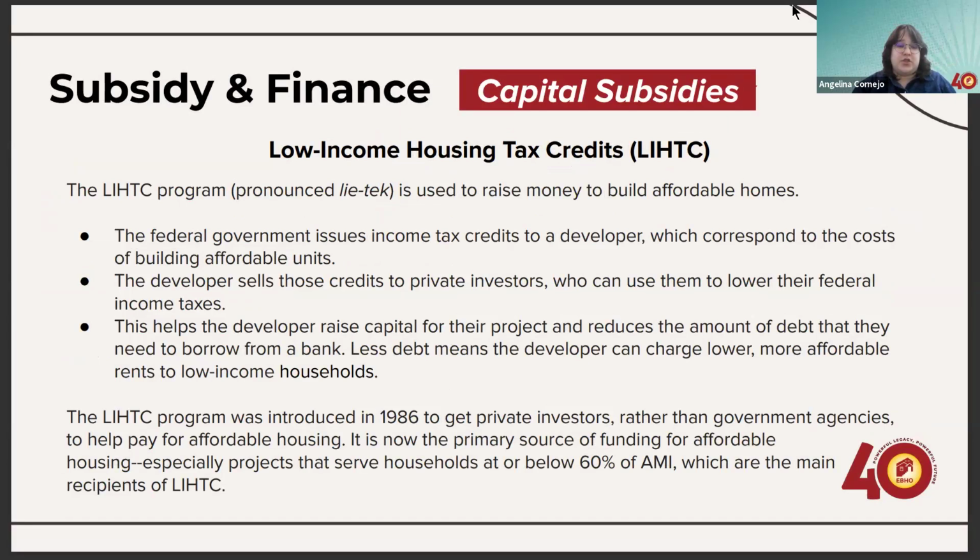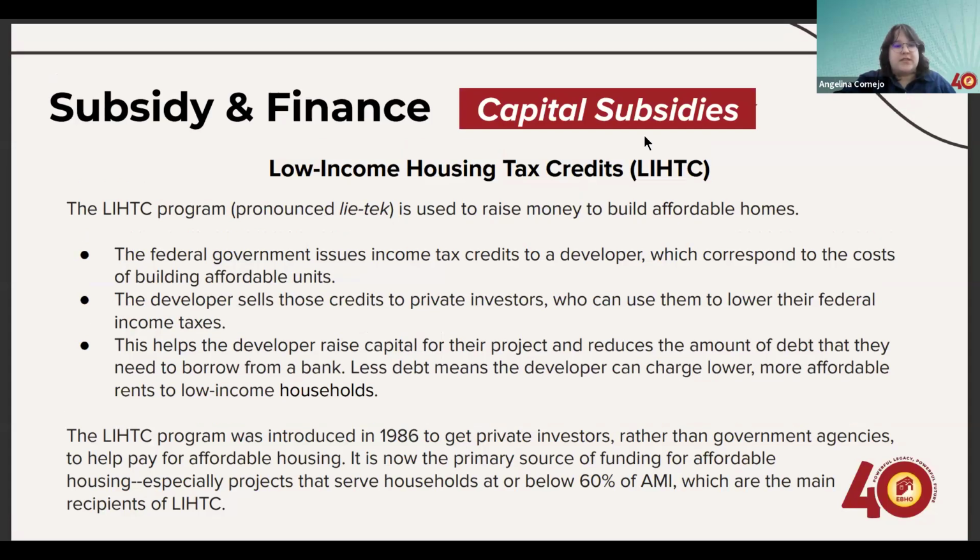They are issued by the federal government to a developer, corresponding to the cost of building affordable units. The developer sells those credits to private investors who can then use them to lower their federal income taxes. This helps the developer raise the capital to build their affordable housing and reduces the amount of debt they need to borrow from the bank. And so the developer can charge lower, more affordable rents to low-income households.